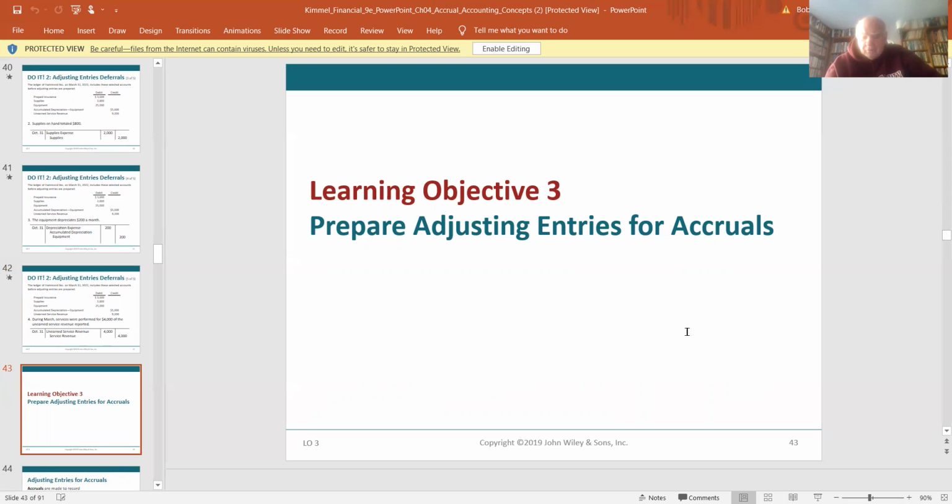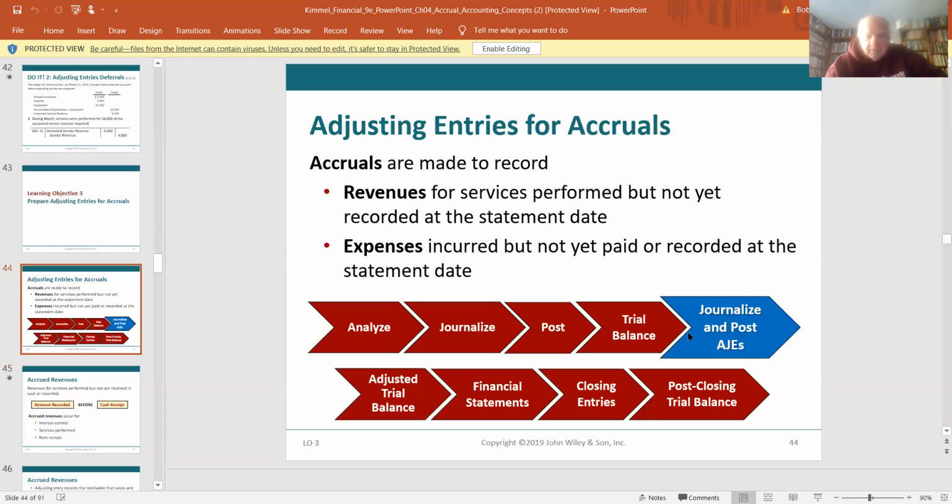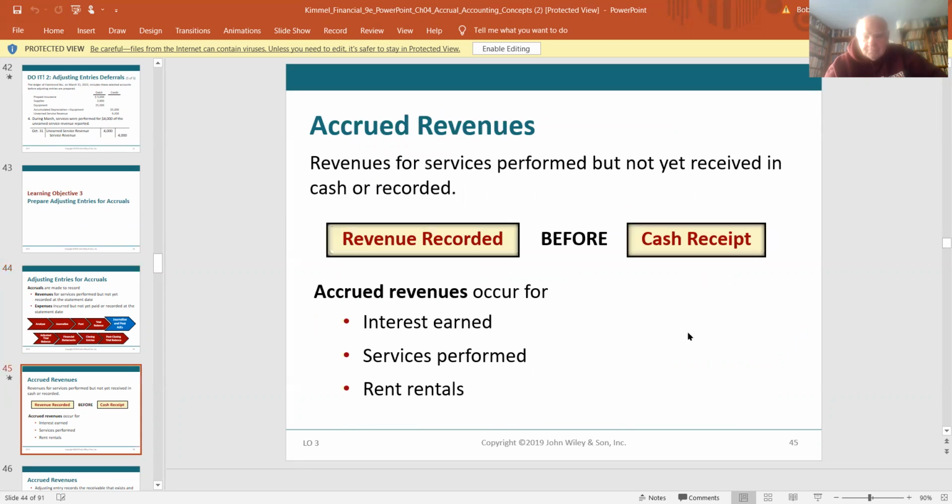And you could also have accrued revenues on a borrowing situation. So let's see what we have here. We're up to the blue again. We're journalizing and posting journal entries. Accrued revenues. What we're talking about here, Liba, is interest that's due, okay? We loaned money to somebody, all right?